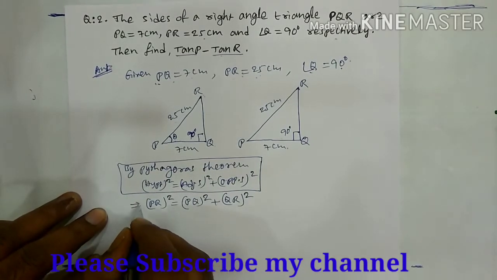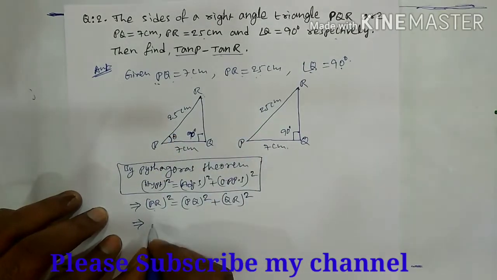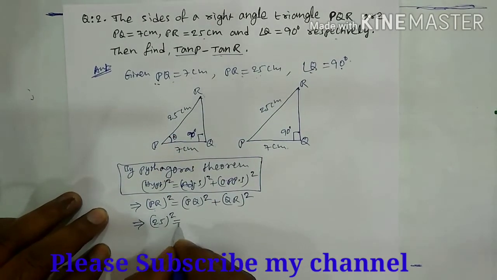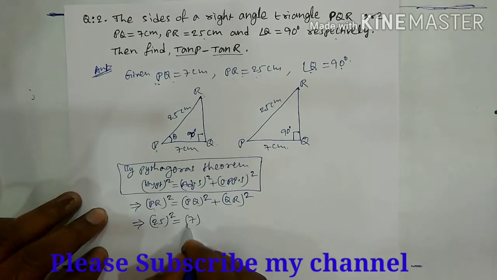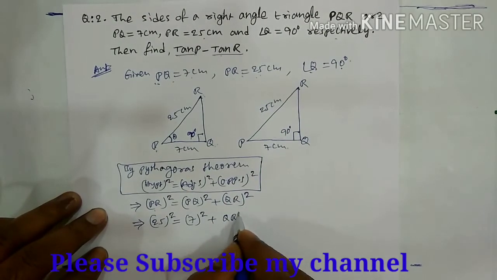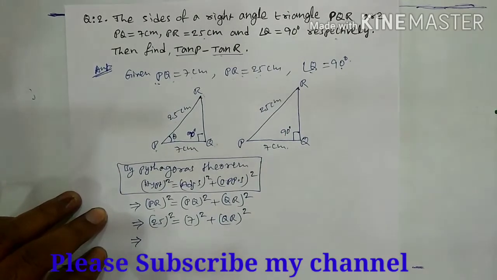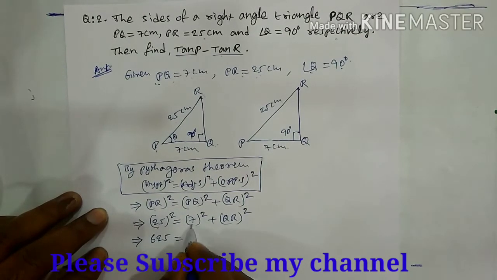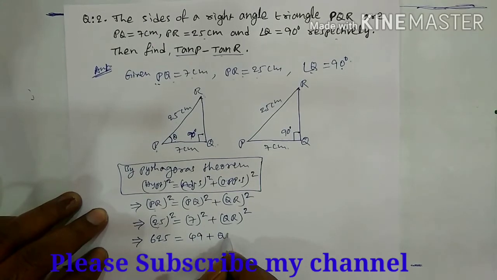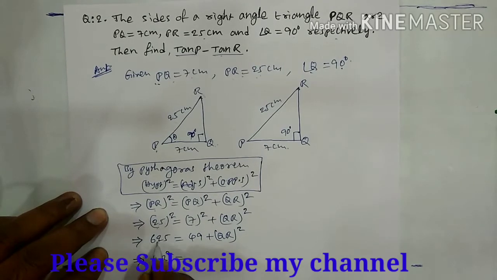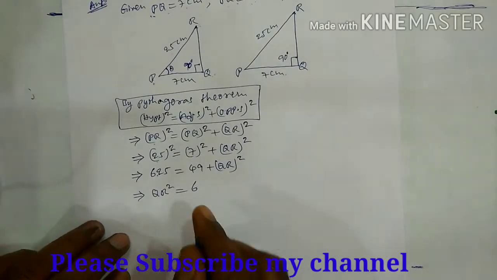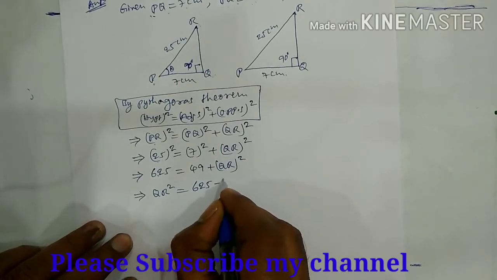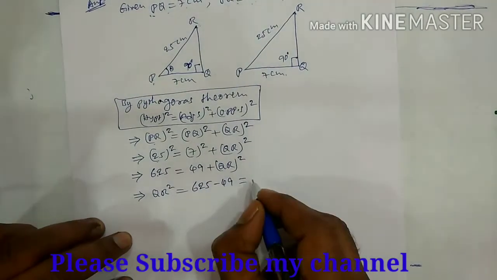So then PR value is 25 square is equal to PQ is 7 square plus QR square. Here 25 square is 25 into 25, 625 is equal to 7 square is 49 plus QR square. So QR square is equal to 625 minus 49 is equal to 576.